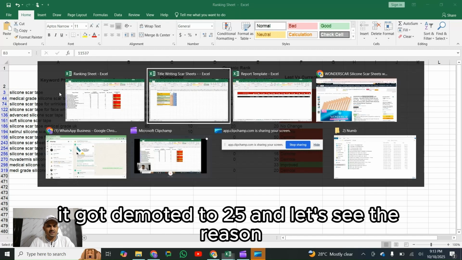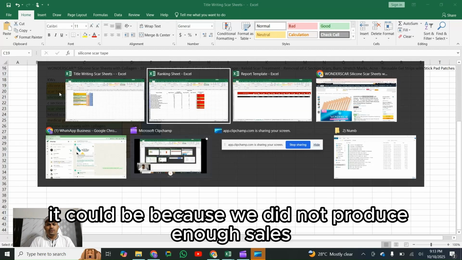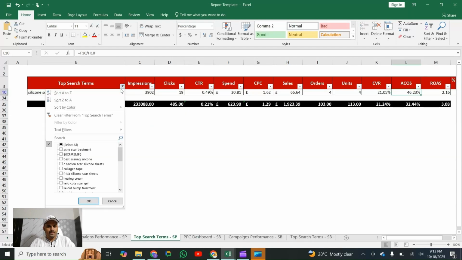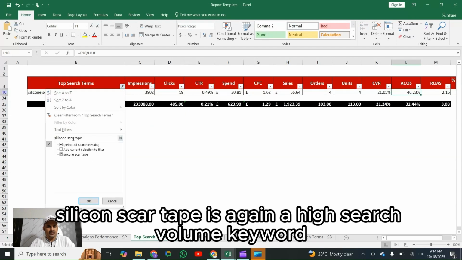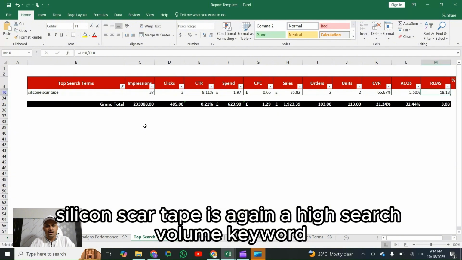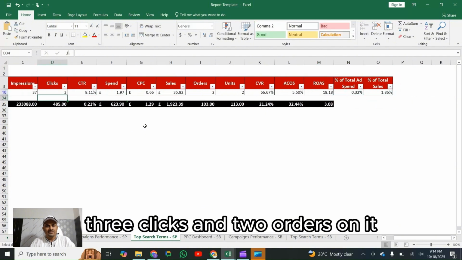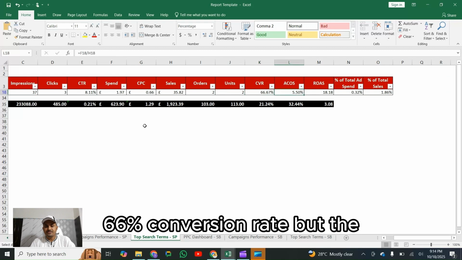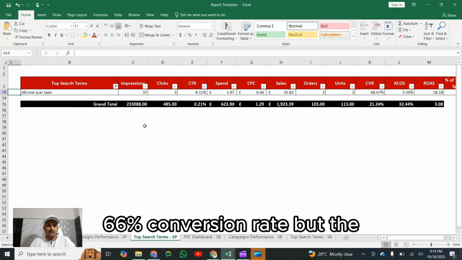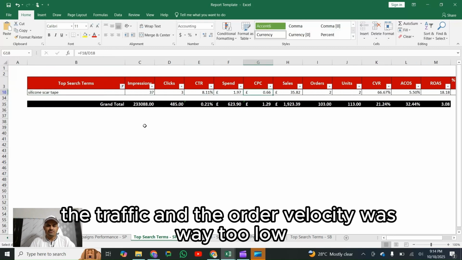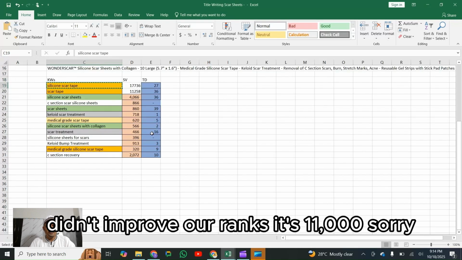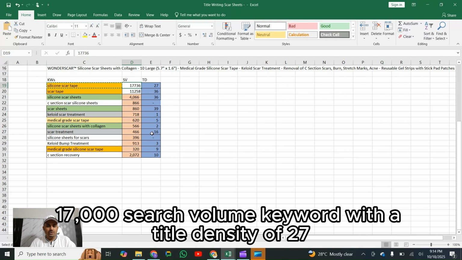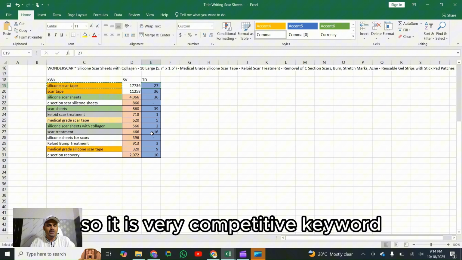Let's see the reason. It could be because we did not produce enough sales. Silicon scar tape is again a high search volume keyword. We only did three clicks and two orders on it, 66% conversion rate, but the traffic and the order velocity was way too low, so Amazon didn't improve our ranks. It's a 17,000 search volume keyword with a title density of 27, so it is a very competitive keyword.